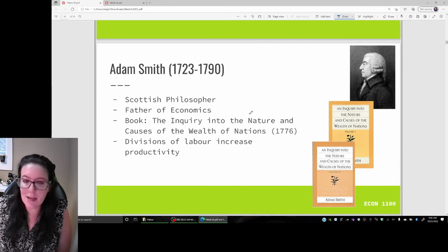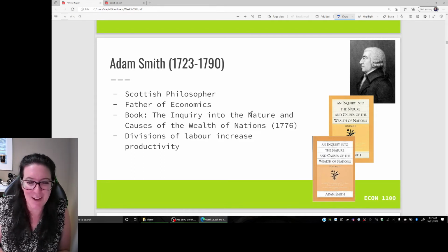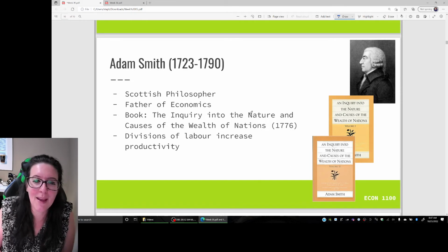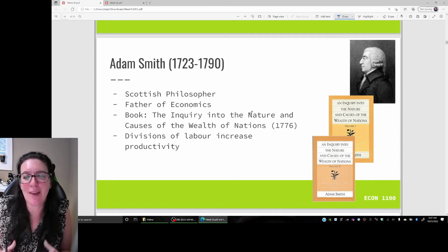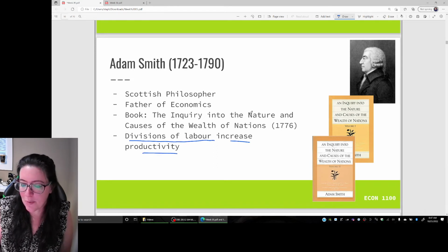So we're looking around 1776. We have Adam Smith writing The Wealth of Nations. So those of you who are taking economics or you're watching my economics videos, we talk about Adam Smith, the father of economics, and his book, The Wealth of Nations. The focus really on this book in terms of how we can increase the wealth of nations is to have a competitive economy where we use divisions of labor to increase productivity.